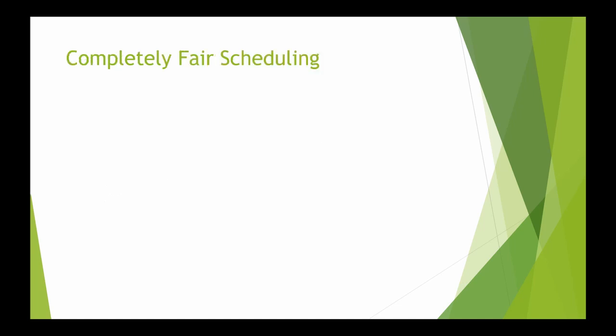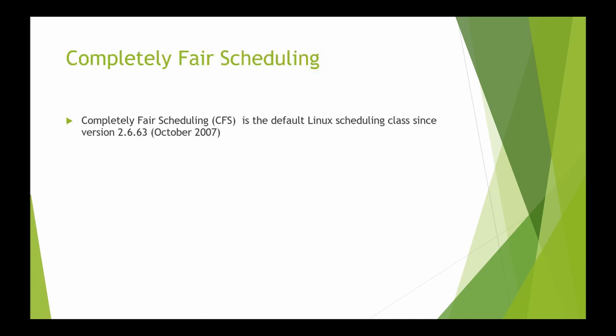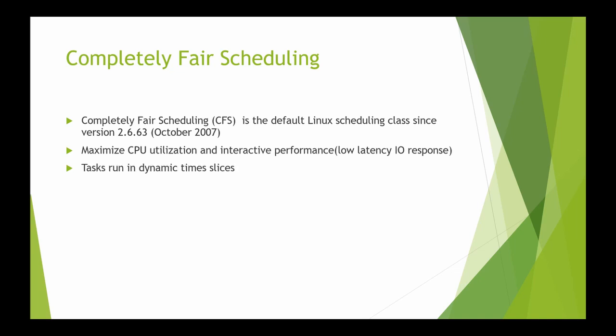Now let's talk about the completely fair scheduling class. Completely fair scheduling is the default Linux scheduling class since version 2.6.23 from October 2007. It tries to maximize CPU utilization while maintaining interactive performance, that is, having a really fast I/O response. In completely fair scheduling, the tasks run for a dynamic duration of time in the CPU.